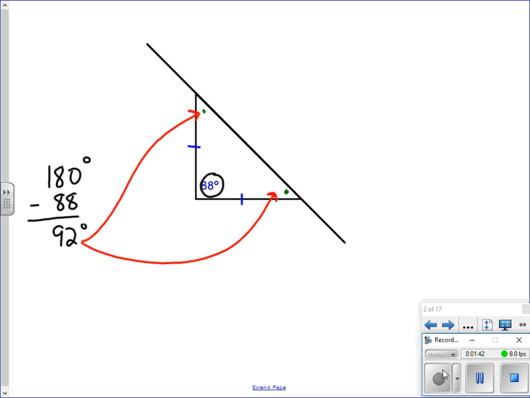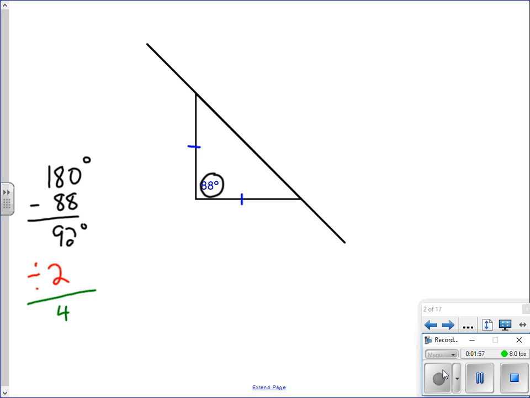So we're going to have to take 92 and divide it by 2, and that'll tell us what each angle is. So 92 divided by 2, use your calculator if you need to. Half of 92 is 46. So each of these angles down here has to be 46 degrees.